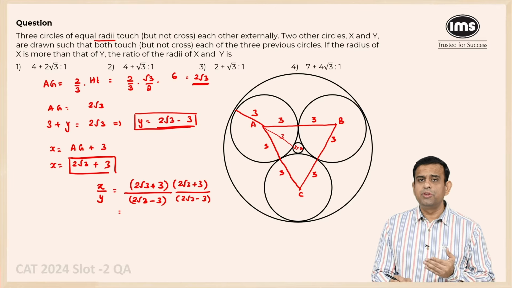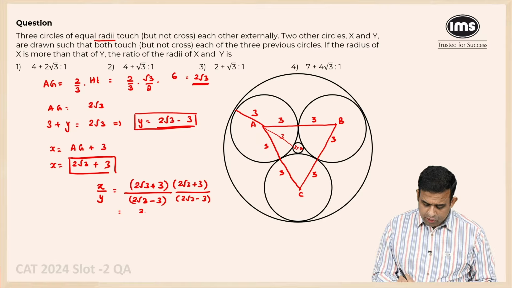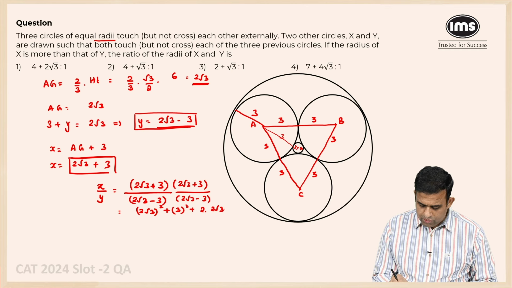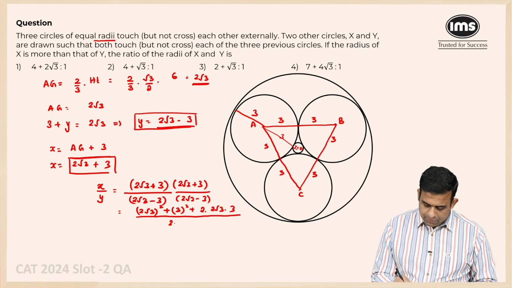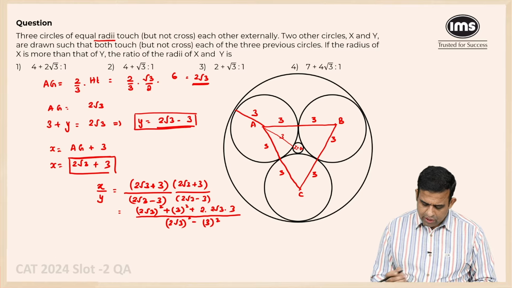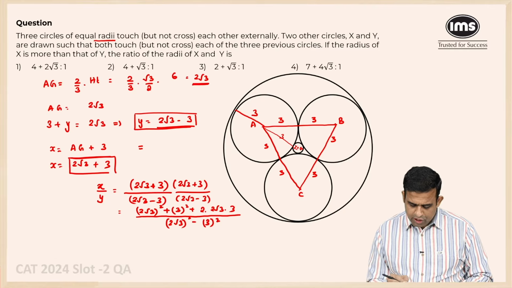The term (2 root 3 plus 3) whole square will be nothing but (2 root 3) square plus 3 square plus 2 into 2 root 3 into 3, divided by (2 root 3) square minus 3 square.